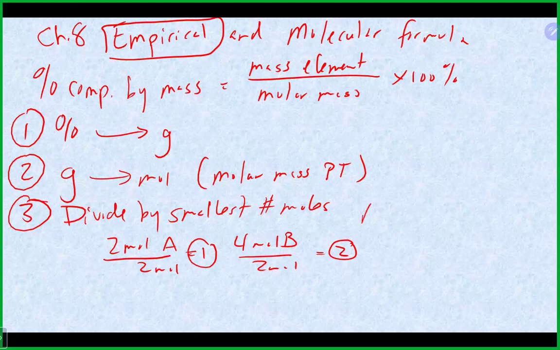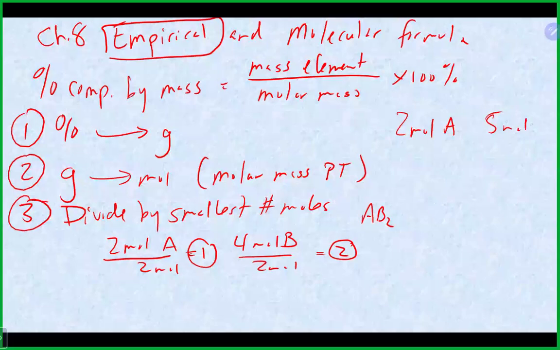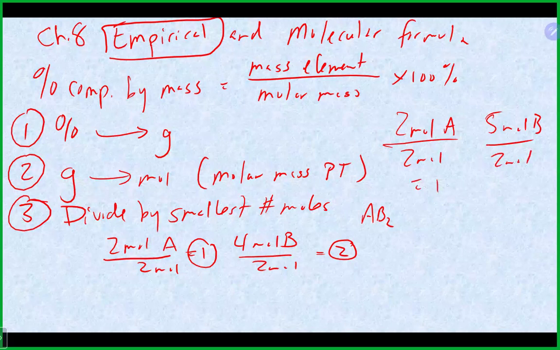Again, something like A2. As we also talked about yesterday, you won't always get nice, perfect whole numbers, and sometimes you may get more of a decimal number when you divide. So if you had 2 moles of A and 5 moles of B and you divide by 2 moles, you are going to get 1 there, but you're going to get 2.5 here.